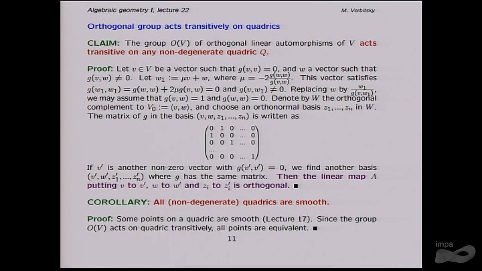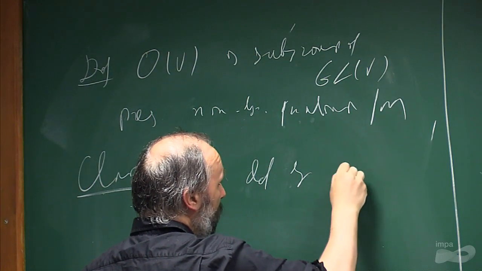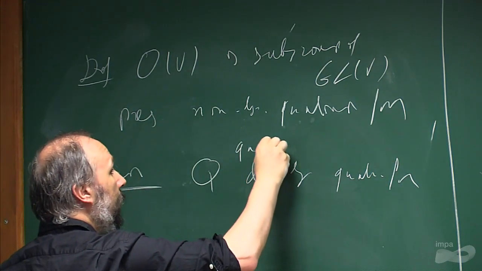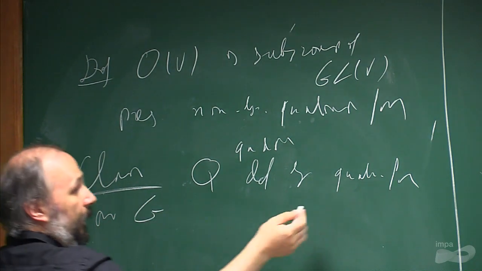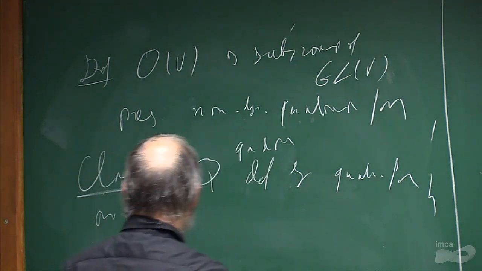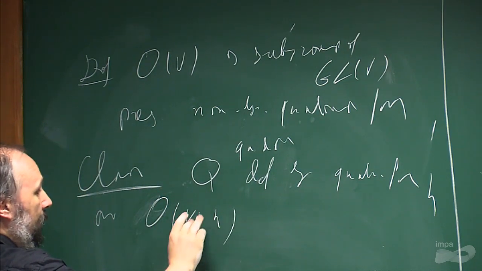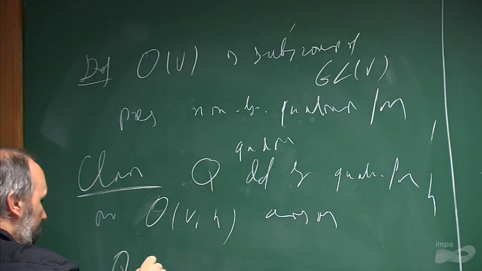And now the claim: if you have Q defined by a quadratic form, say H, so it's a quadric, then O(V, H) acts on Q transitively.